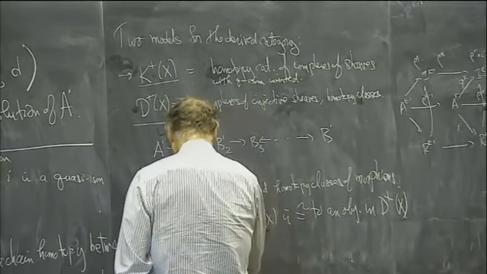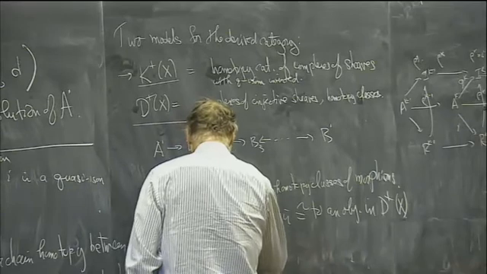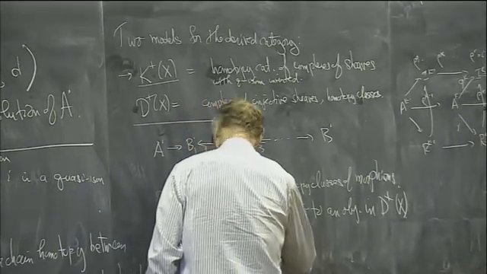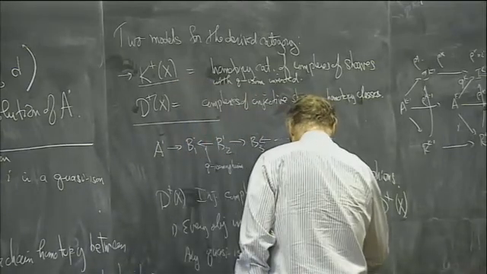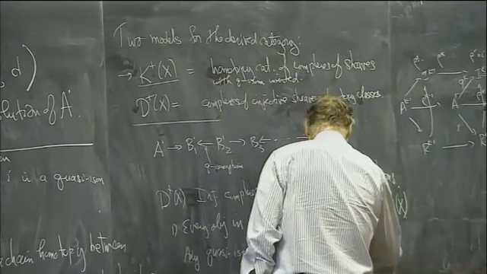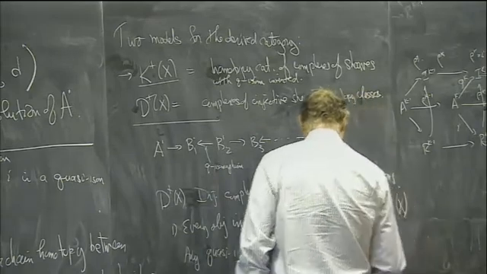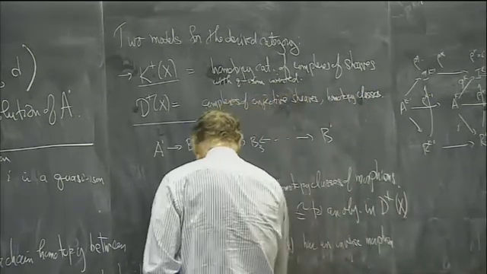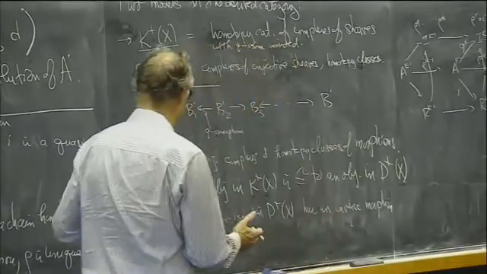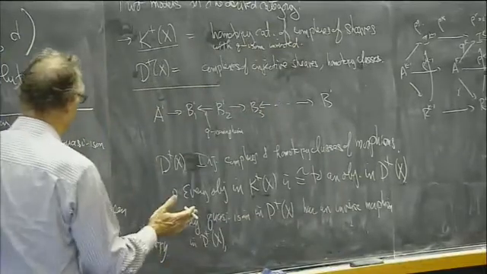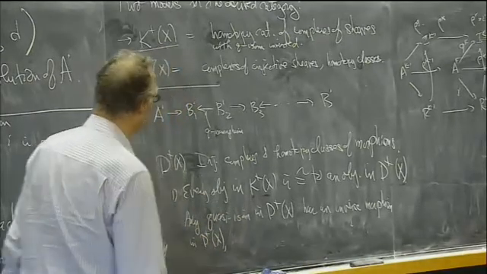And any quasi-isomorphism in D plus of X has an honest inverse morphism rather than just a formal inversion. That's the statement that a quasi-isomorphism between injective sheaves has a homotopy inverse, and therefore in the homotopy category has an actual inverse.